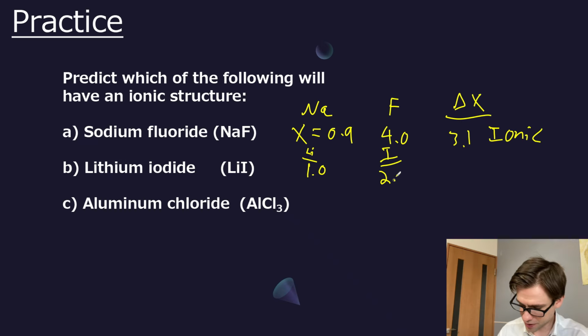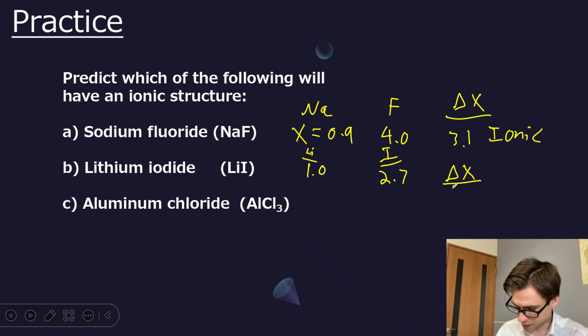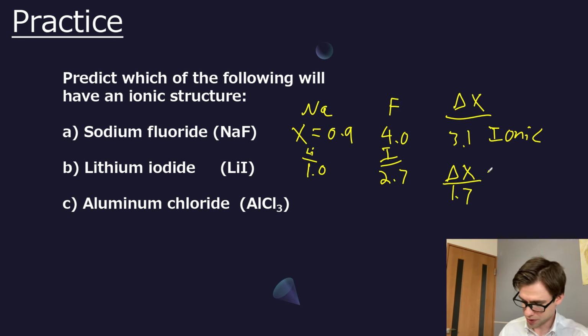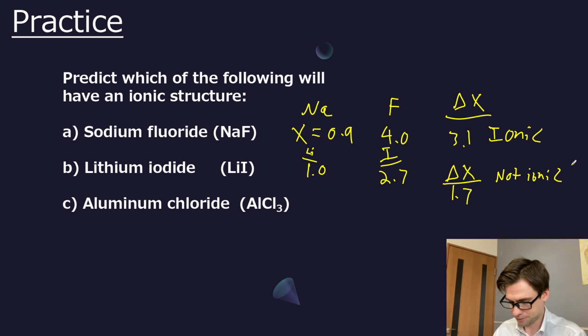So if we look at this, this will have a delta chi of 1.7. 2.7 minus 1.0. So we can classify this as not ionic, generally based on the IB guidelines. However, this will be a polar covalent bond that's so polar it's nearly ionic. So it's going to start to have properties of ionic compounds that we have talked about actually.